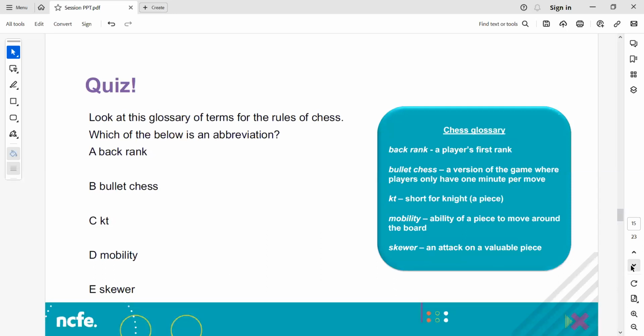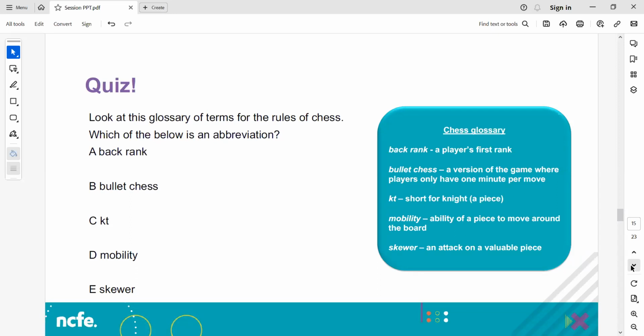So here on the right in the blue box, we've got a glossary of terms for the rules of chess. Which of the below is an abbreviation? So an abbreviation is a shortened word or initials that is short for something else. So is it A, back rank, B, bullet chess, C, KT, D, mobility, or E, skewer?